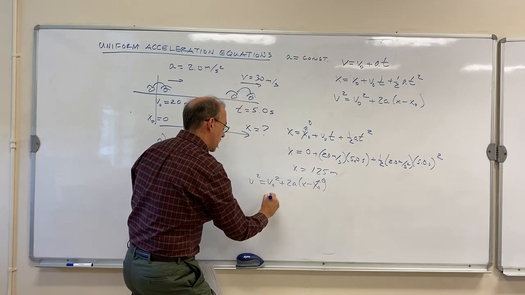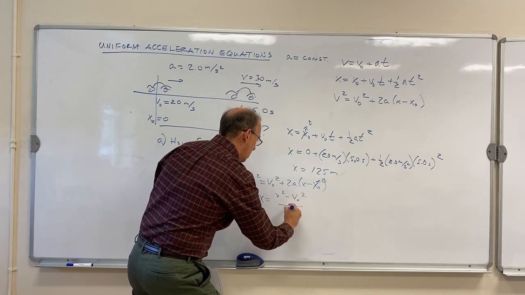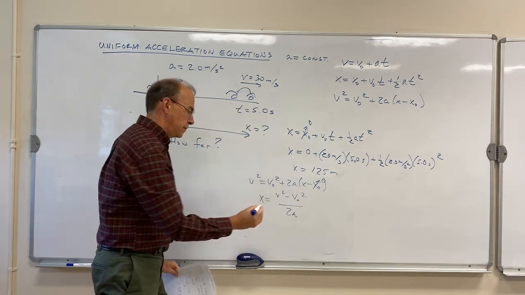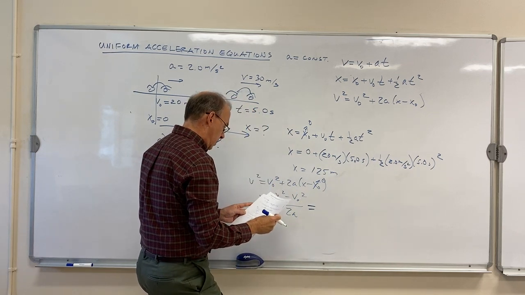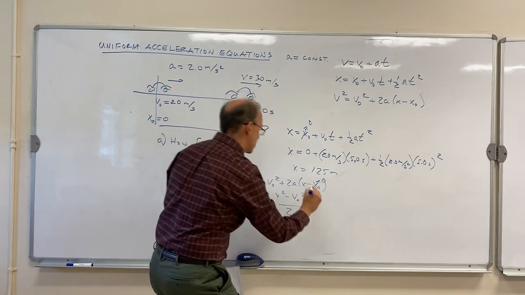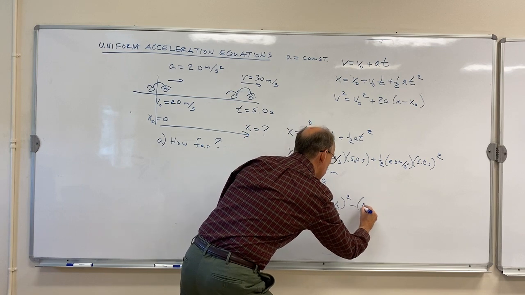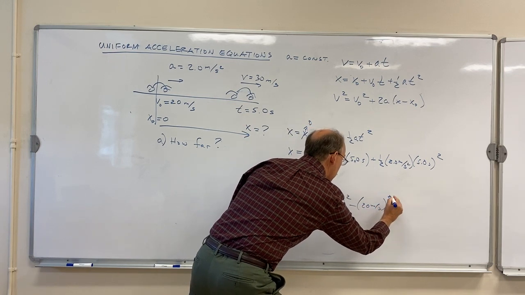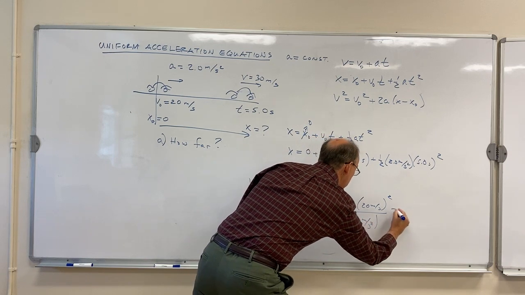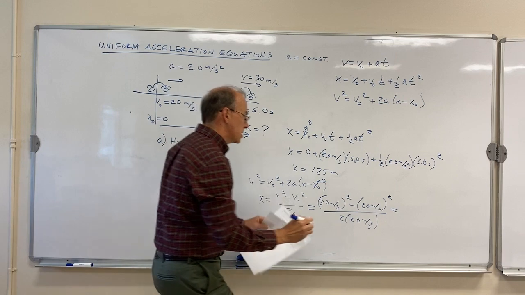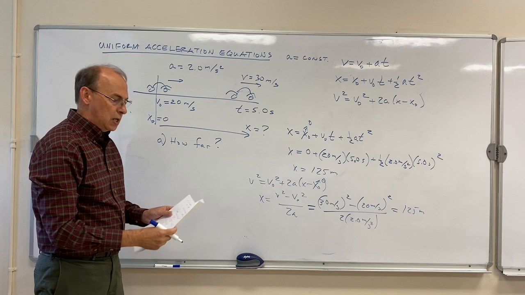Algebraically solving this for x, we get x is v squared minus v naught squared over 2a. v squared is 30 meters a second squared minus 20 meters a second squared over 2 times a was 2 meters per second squared. And if you key all that in, once again, you get 125 meters. So it checks. We get the same answer.